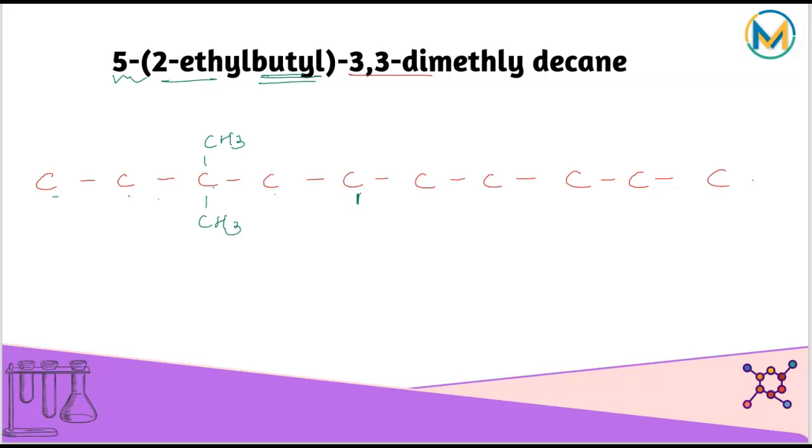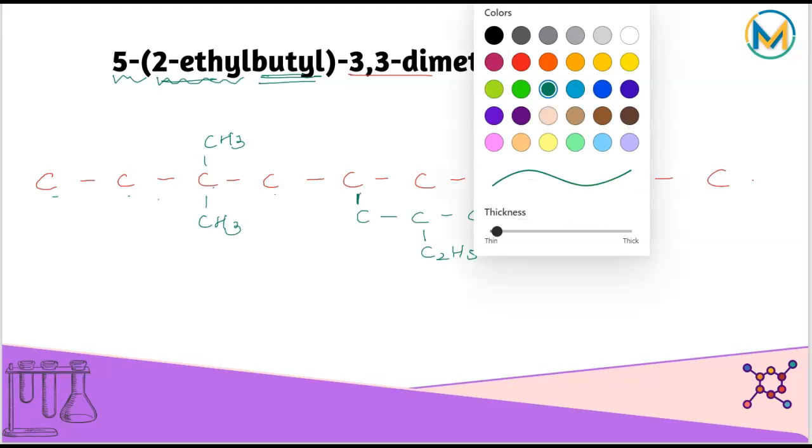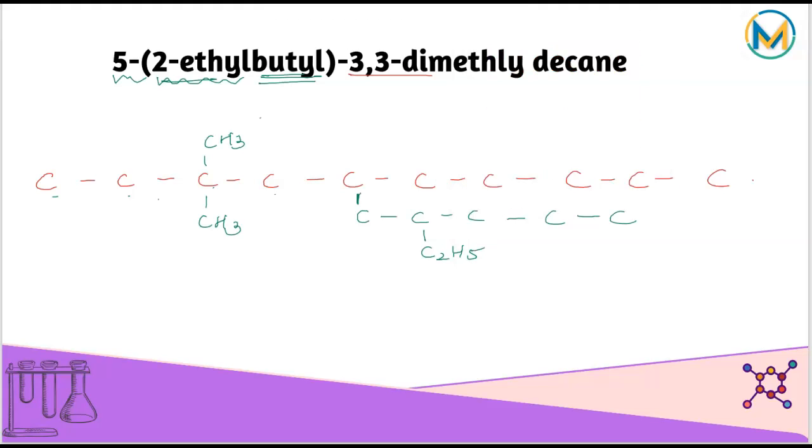For this one, the butyl is the parent group, so let's put butyl first: 1, 2, 3, 4 and 5, I put butyl. 2-ethyl will be here. That's the structure. Let's balance it with H. This is H3, this is H2. This is already balanced.